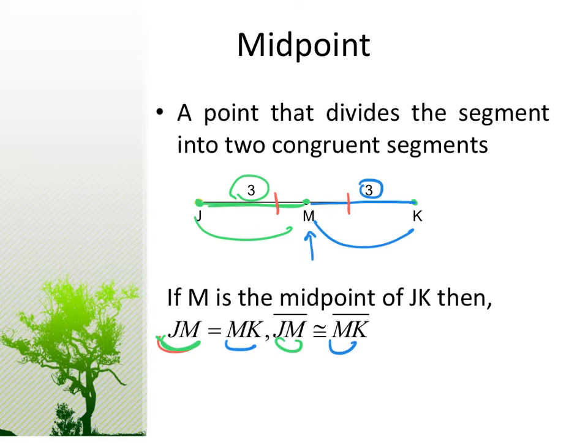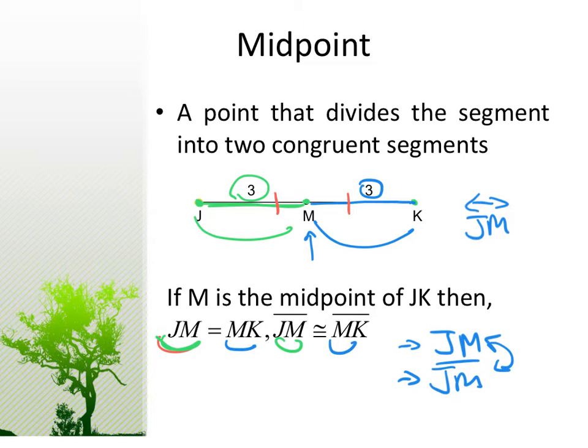Sometimes you're going to see segments written with the line on top, and then other times they won't. So just realize that JM with a line on top and without is indicating that it's a segment. If it were referring to a line, it would have a picture of the line on top.